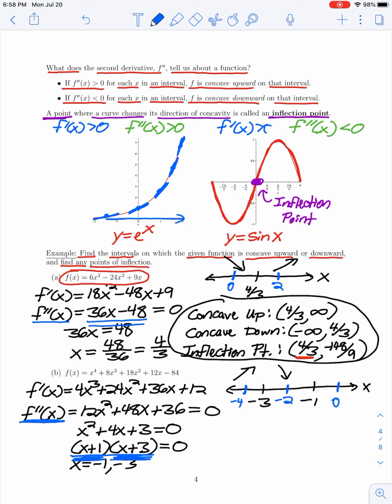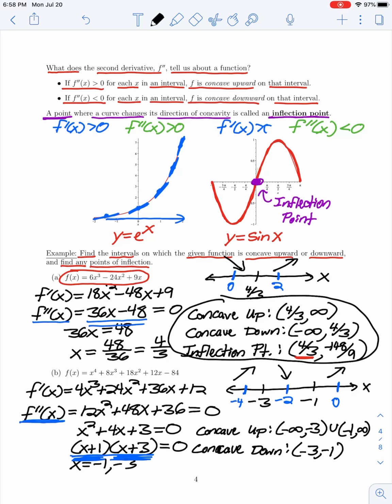Substituting into our second derivative, we get 36, which is, of course, positive. So we would say that our function is concave upward on the intervals from -infinity to -3, or from -1 to infinity, and is concave downward on the interval from -3 to -1.